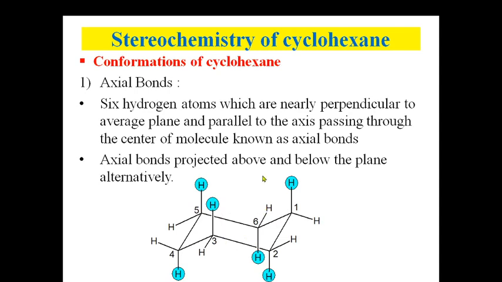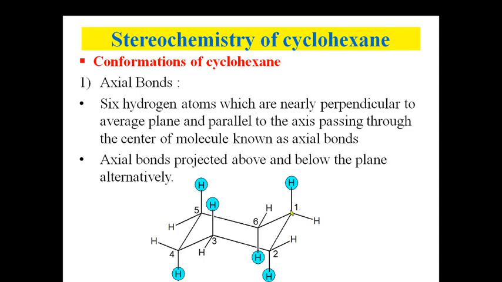Carefully if you see here, 3 axial bonds are projected above the average plane, and the remaining 3 are below the average plane. That's the important thing here. So 3 axial bonds are above the plane and the 3 remaining axial bonds are below the plane.